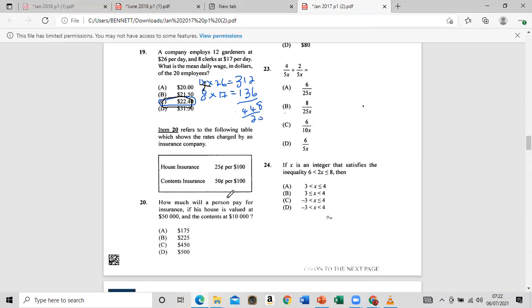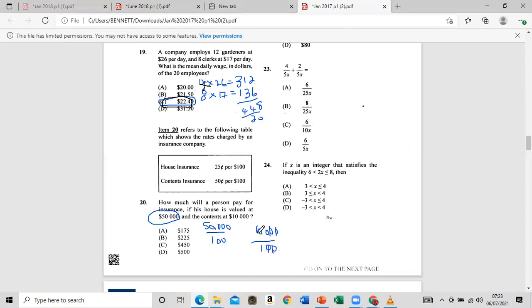So for the house that'd be 50,000 divided by 100, and similarly 10,000 divided by 100. So the zeros will go, right?